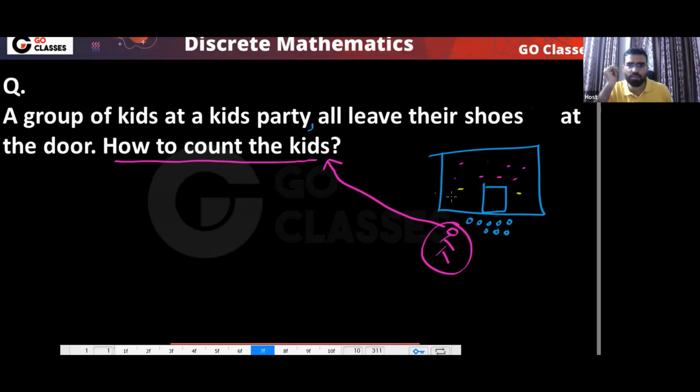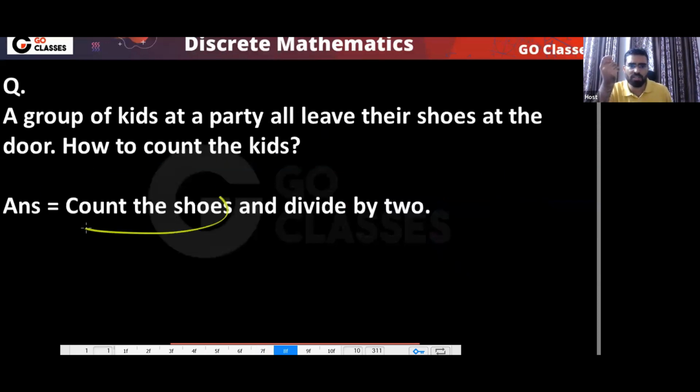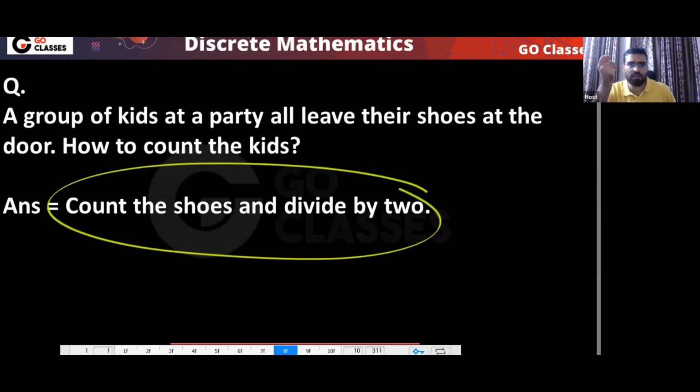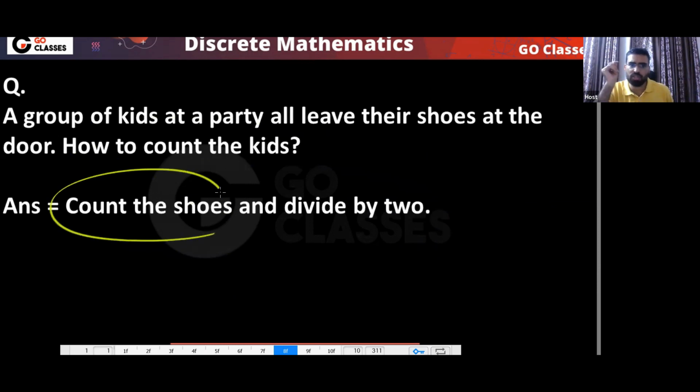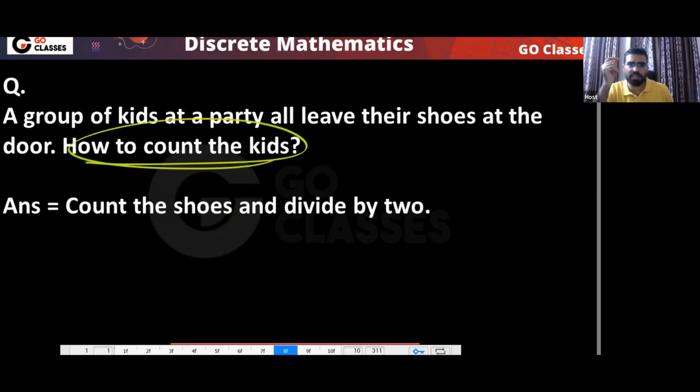Let's assume the number of shoes is 10, then my actual answer will be 5. So the idea is to count the shoes and then divide by 2, because my actual question is not to count the shoes, my actual question is to count the kids.